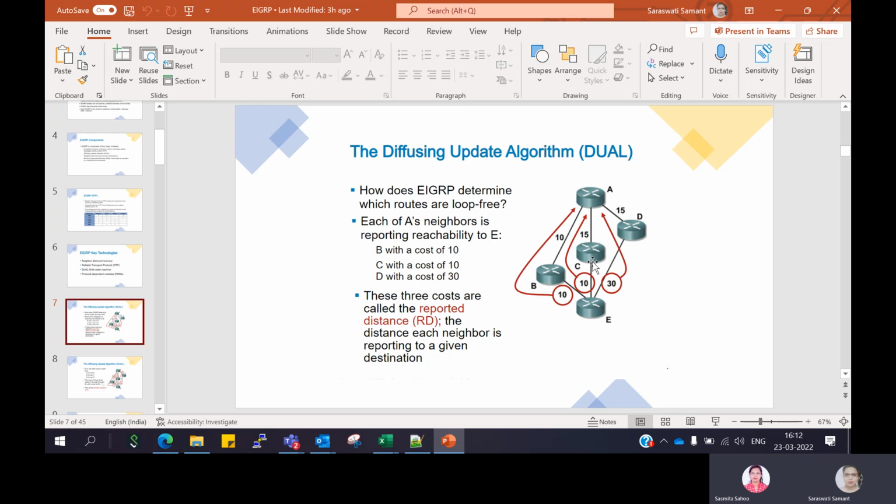From router A to reach router E, we've got three different ways, three different costs. How do we come up with the cost of the path? We'll be considering bandwidth and delay as a metric.